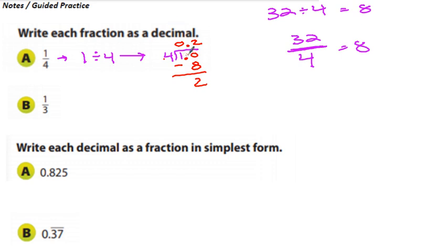I'm left with 2. I still have this remainder, so I have to keep going. I'm going to add another 0 and bring it down. 4 goes into 20 5 times. 4 times 5 is 20. So 1/4 as a decimal is 0.25. That is a terminating decimal because it comes to an end.